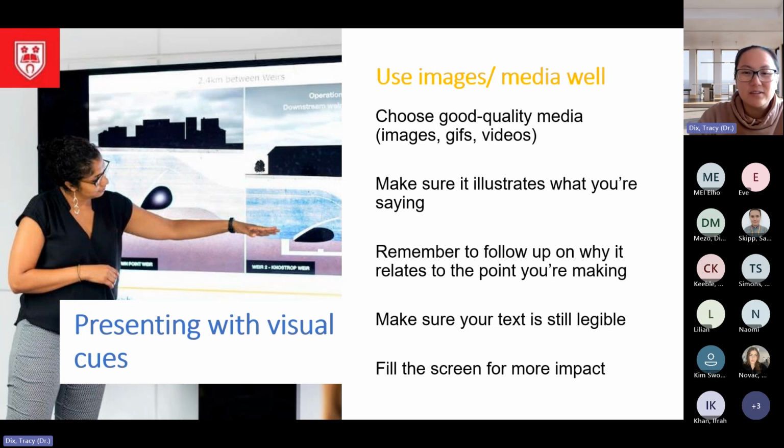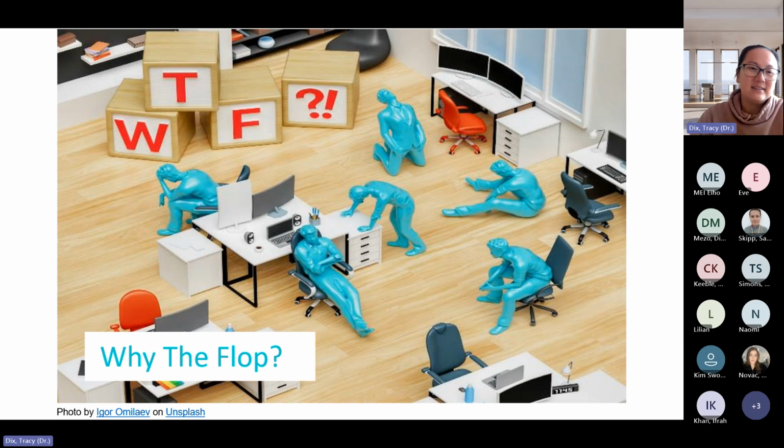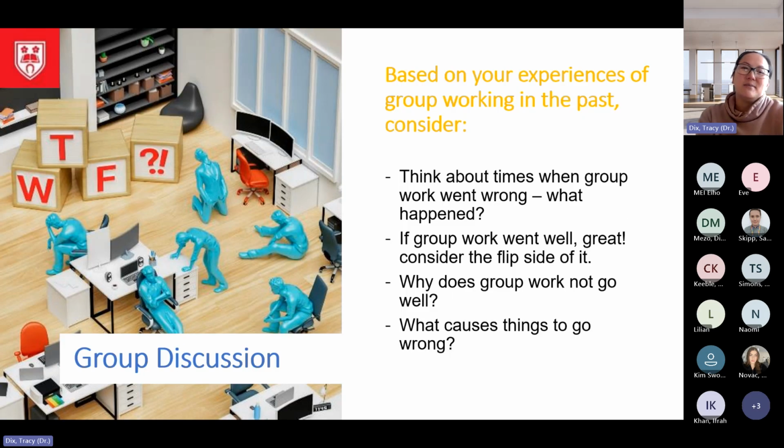All right, so now I'm going to move along to think a little bit about group work. And I'm sure many of you are very worldly wise people, and you'll know that WPTF means why the flop. So I just want to think a little bit about the times when group work perhaps hasn't gone to plan, or things went wrong between individuals.